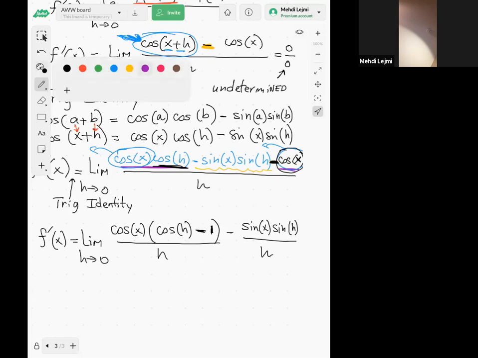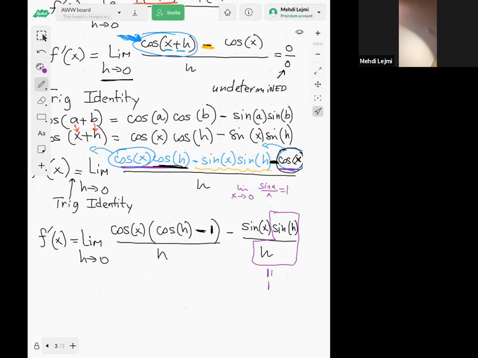For example, here I have the limit of sine of h over h as h goes to 0. That's equal to 1. Sine of h over h is like sine of x over x, x going to 0, that's equal to 1. So this thing here is equal to 1. And also we have cosine of h minus 1 over h.